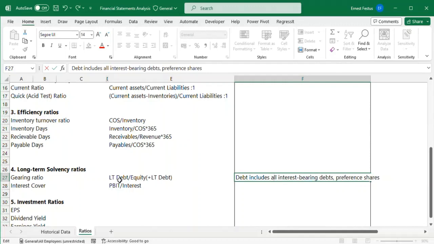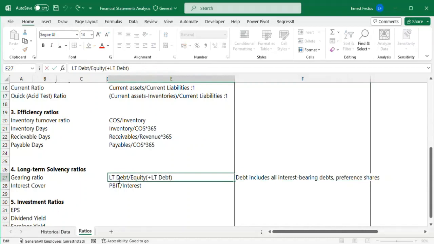So because of that, let me just remove it from my formula.